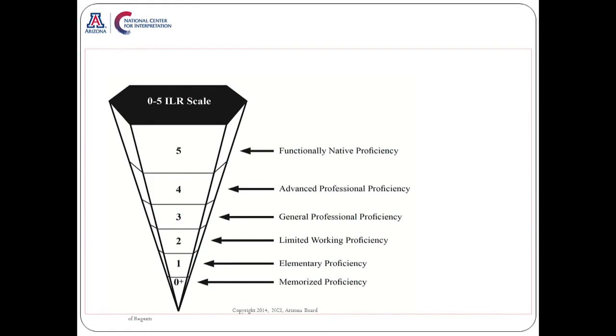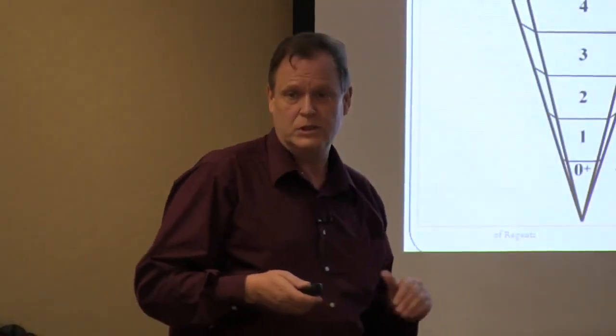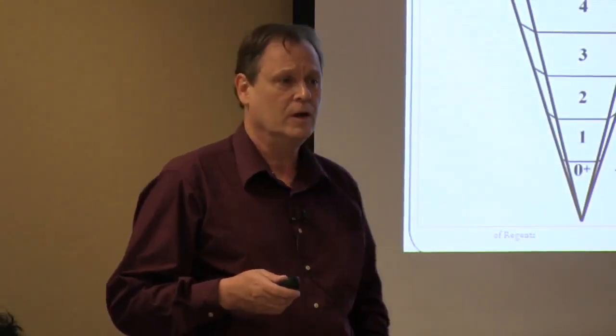this is what is known as the Interagency Language Resource Roundtable. This is a scale of 1 to 5, and it goes from memorized proficiency, which is basically your survival Spanish or your survival Japanese or whatever it is, all the way up to 5, which is native proficiency.